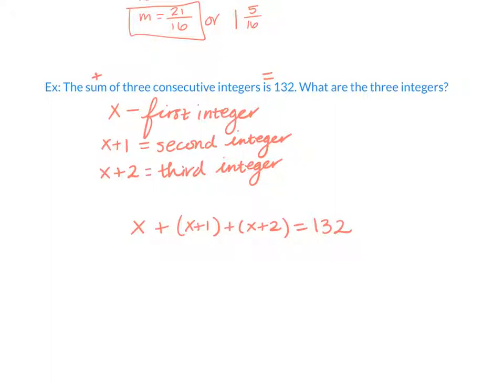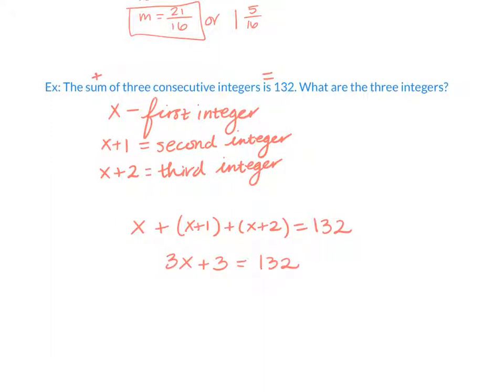So now that I've written an equation describing my problem, I'm going to simplify. So I notice I've got 3 x's in common, right? And I've got a 1 and a 2 in common on the left-hand side. So I'm going to combine those. So I end up with 3x plus 3 equals 132.